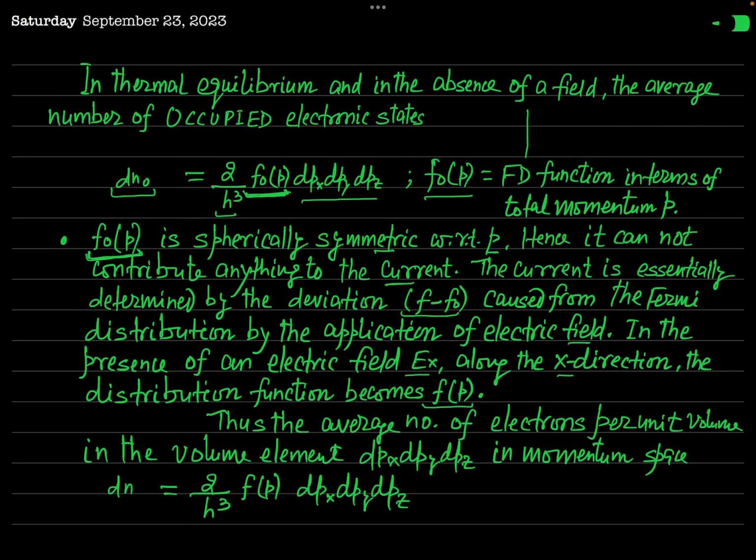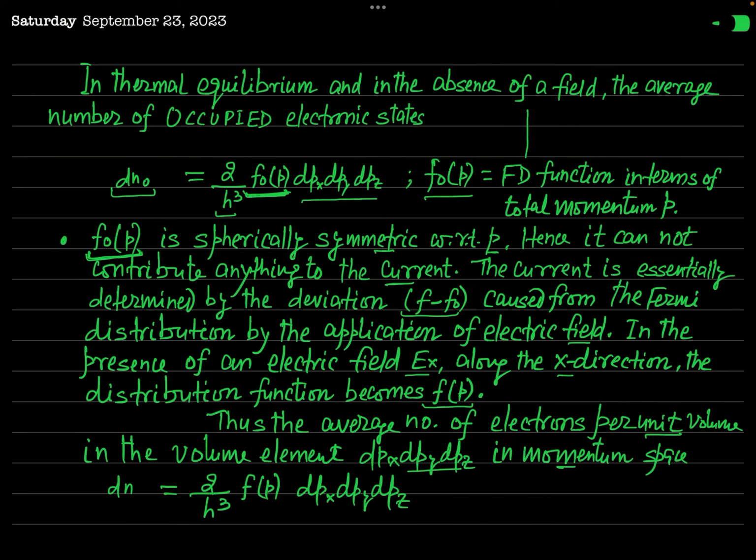So now the average number of electrons per unit volume in physical space in the volume element dpx, dpy, dpz in momentum space, I am telling you several times, will be simply equal to the number of occupied states.